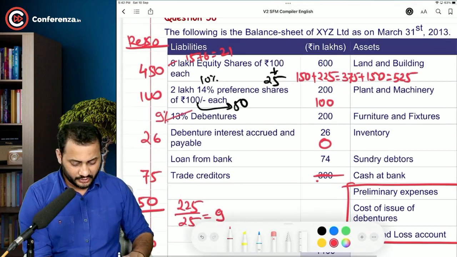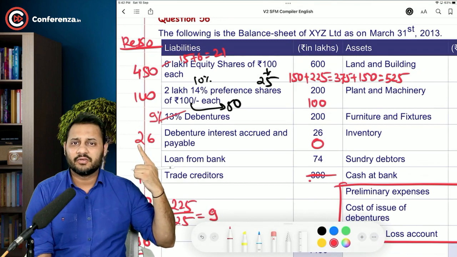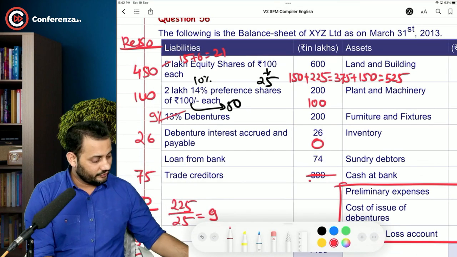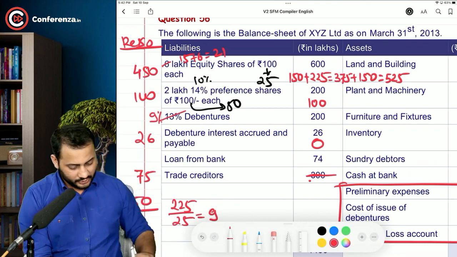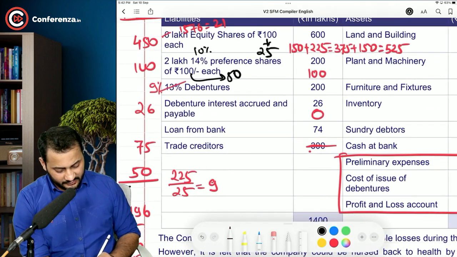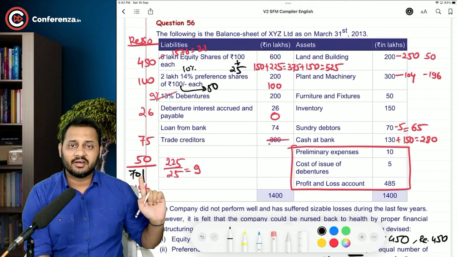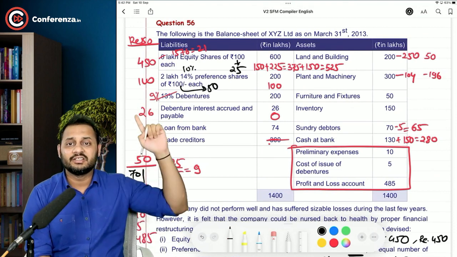Now let's do the total of the reconstruction account. The extra account that we have created in order to restructure the balance sheet. 450 plus 100 plus 26 plus 75 plus 50. So it comes to the balance of 701 lakh. What is 701 lakh, sir? This is the credit amount in the reconstruction account.